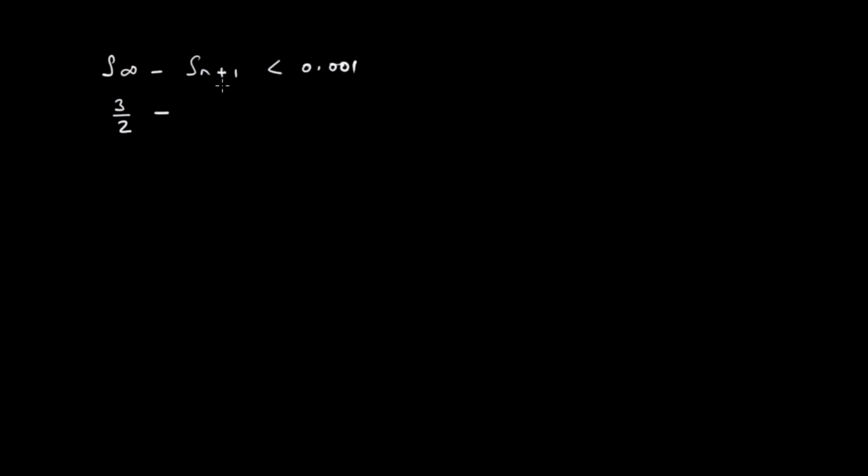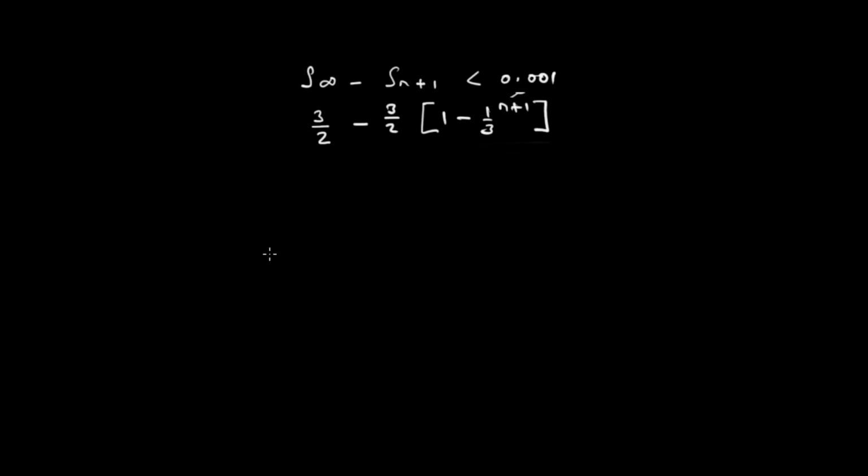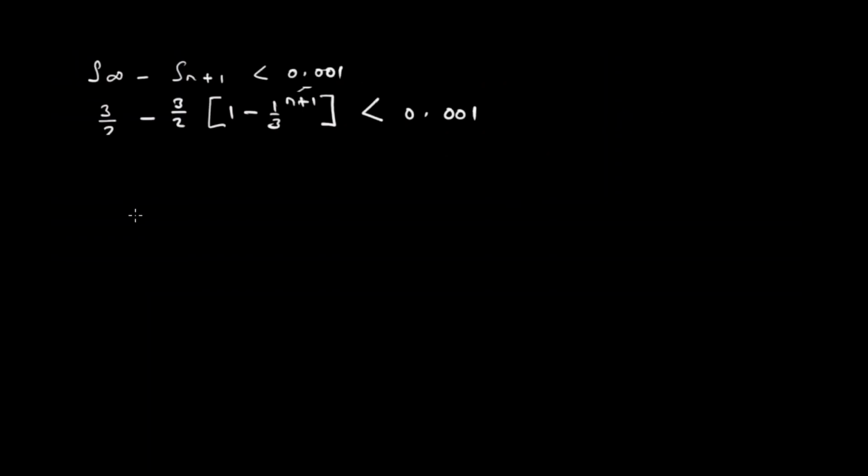which we saw is this. So that's 3/2 minus 3/2 multiplying 1 minus a third to the n plus 1, less than 0.001. When we calculated, the sum to infinity came out as 3/2. Then the sum of n plus 1 is 3/2 times the bracket of 1 minus a third to the n plus 1, less than 0.001.